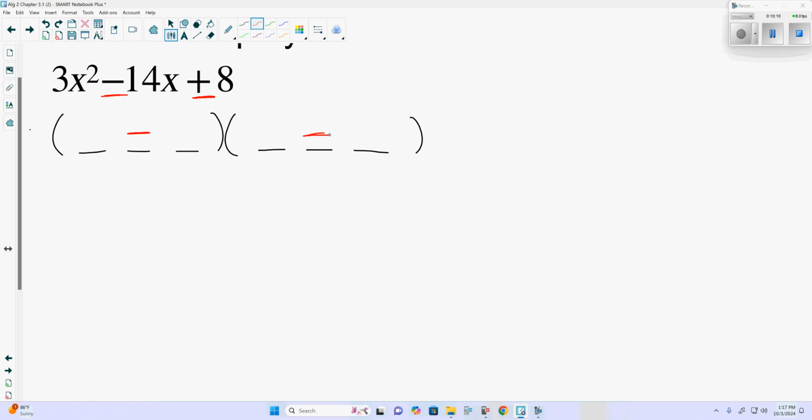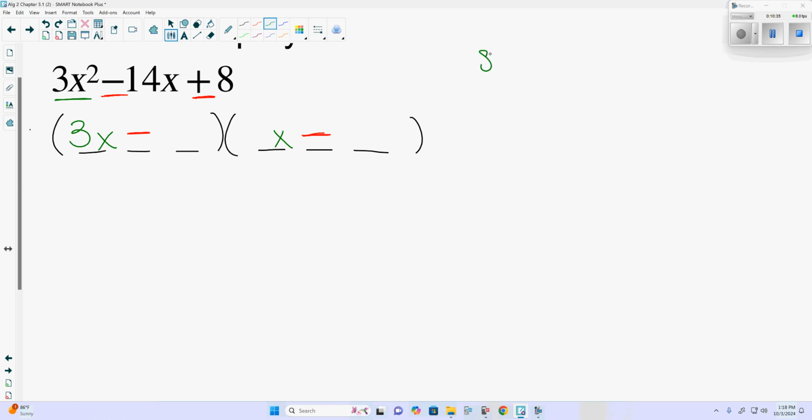So here they're both minus. Factors of the first and third term. Factors of 3x squared: x and x, 3 and 1. So we'll have 3x and x. And especially if the signs are the same, it's not going to matter a whole lot where we put it. We just need to put it down.